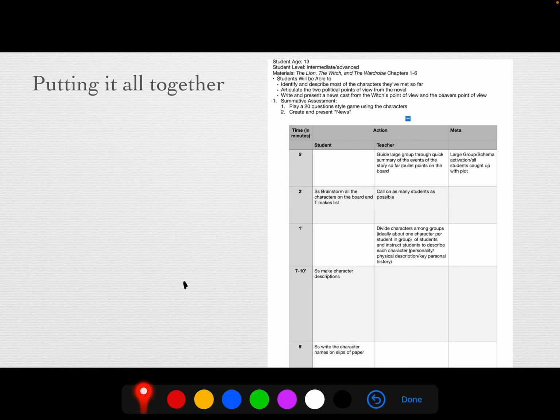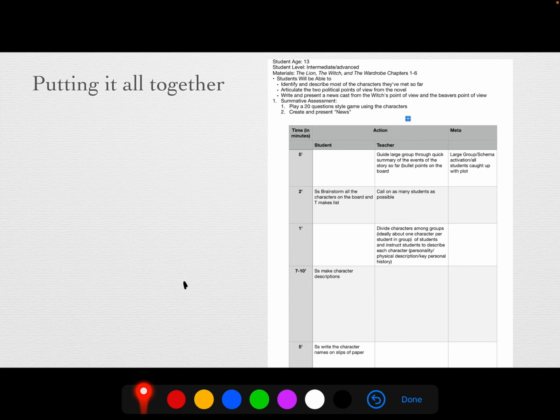So, if you take a look up here, I have my age is 13, although like last time, this lesson could be for younger or older students. It's adaptable, the activities are adaptable for that. This is using The Lion, the Witch, and the Wardrobe, and I've assumed that students have read chapters 1 through 6.